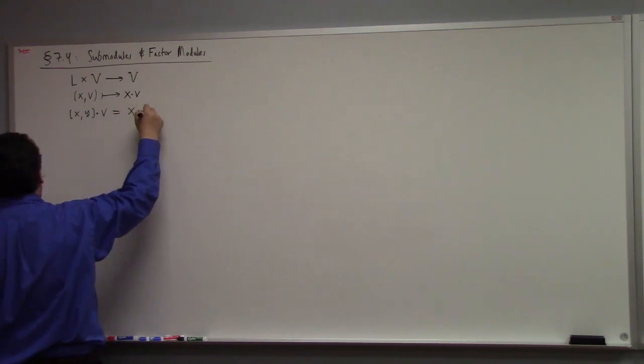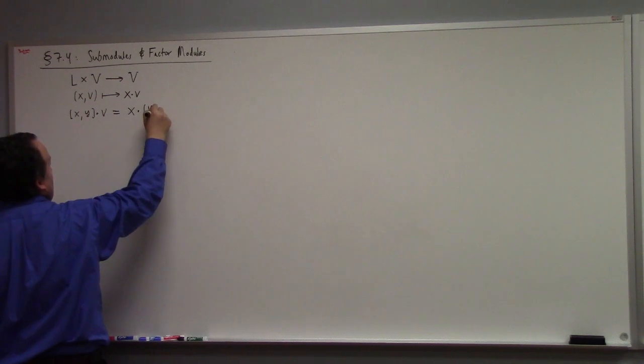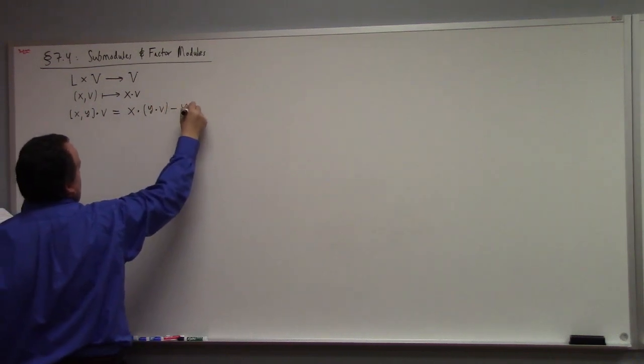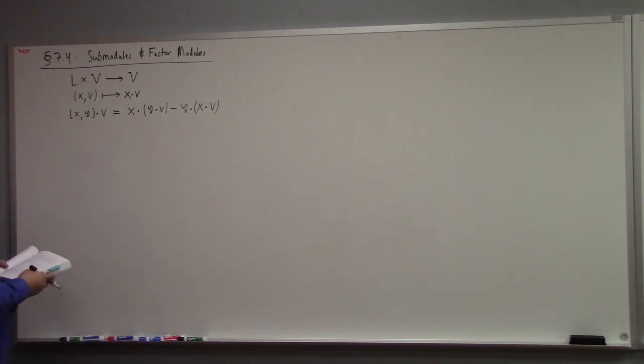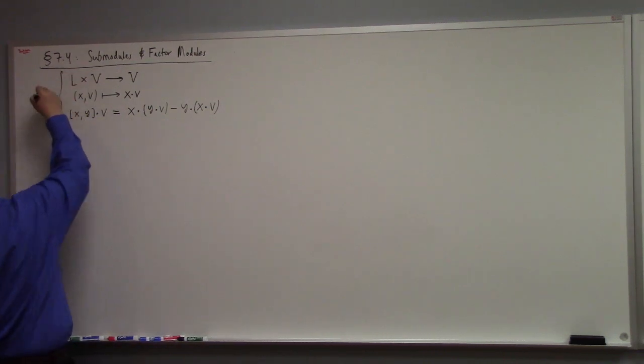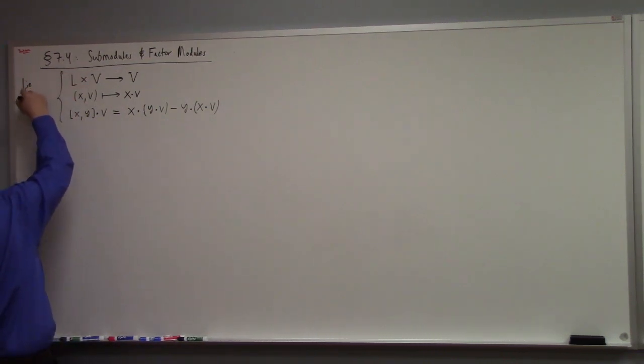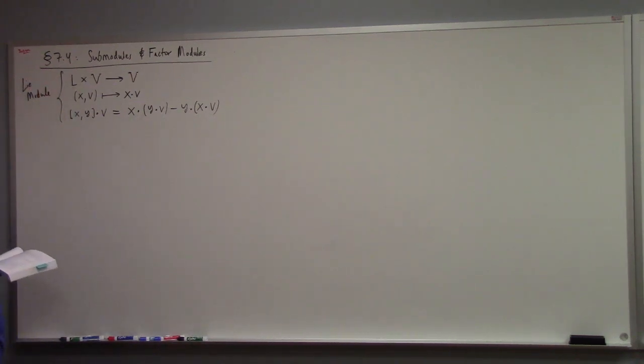We get x dot (y dot v) minus y dot (x dot v). All right, so that's a Lie module for L. A Lie module is all of this together, but sometimes we'll just say the module is V, you know.